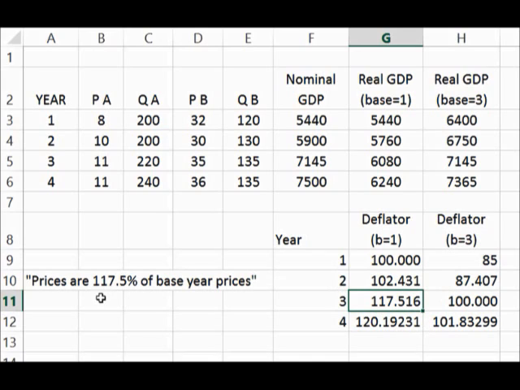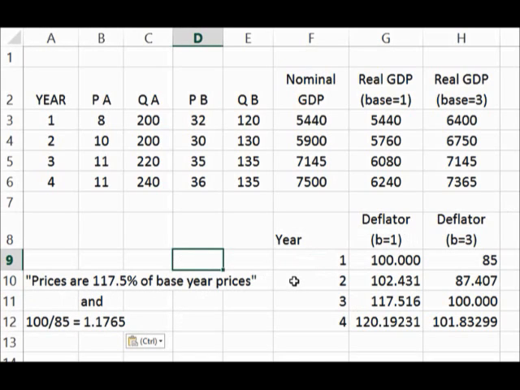And as another example of that, we can look at how much prices went up between years 1 and 3 using a different year as the base year. And since they're both measuring changes in prices, the answer should be approximately equivalent. And this is true.